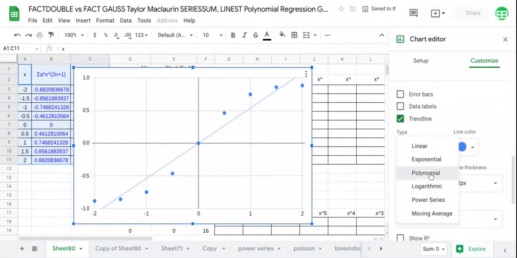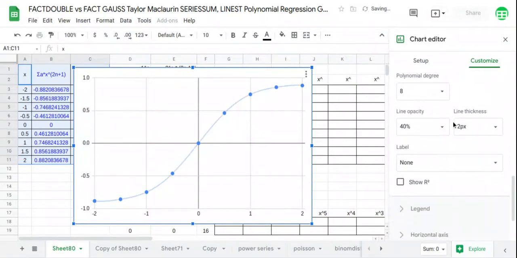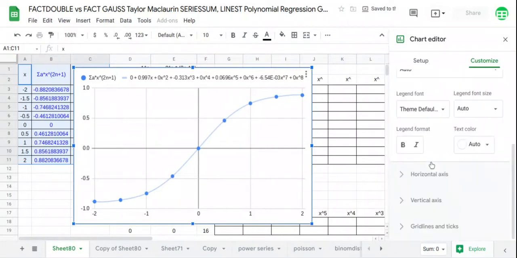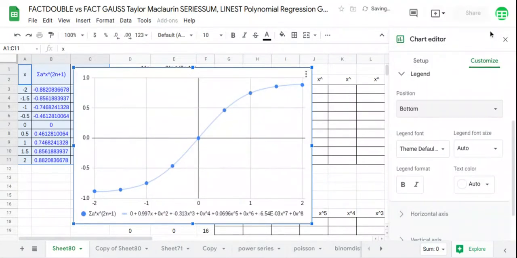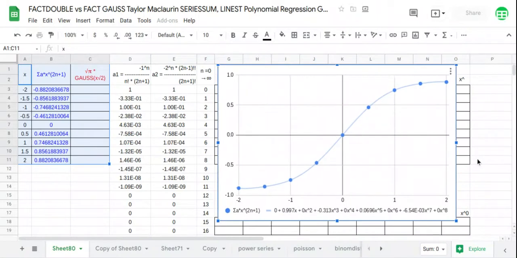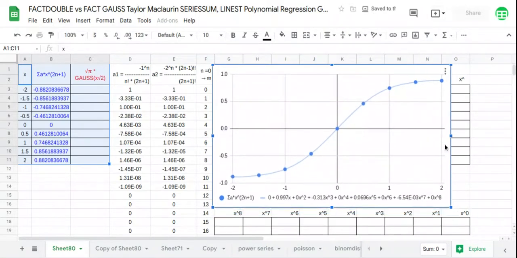Polynomial to the 8th degree. For the label, use the equation. For the legend, position at the bottom. Here's our trend line and the polynomial.